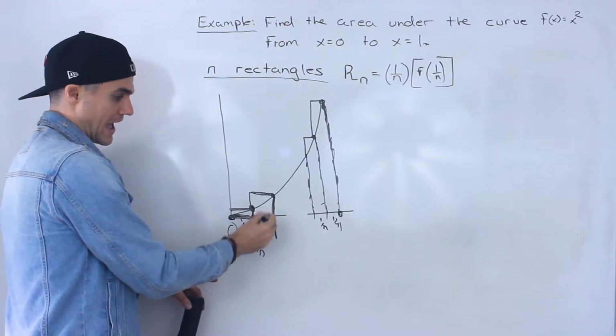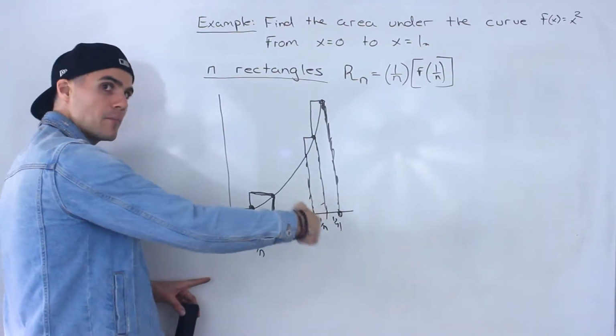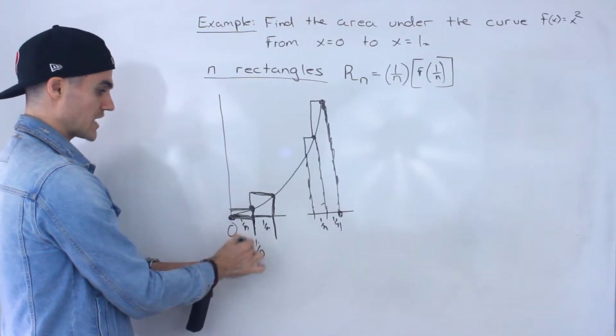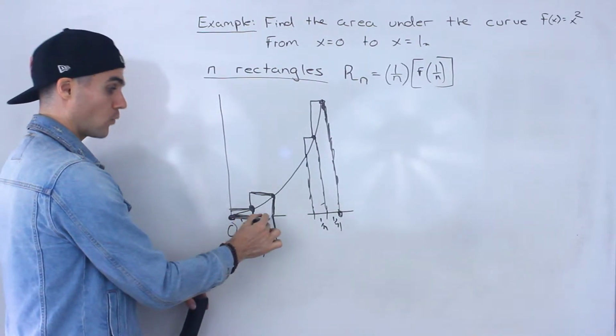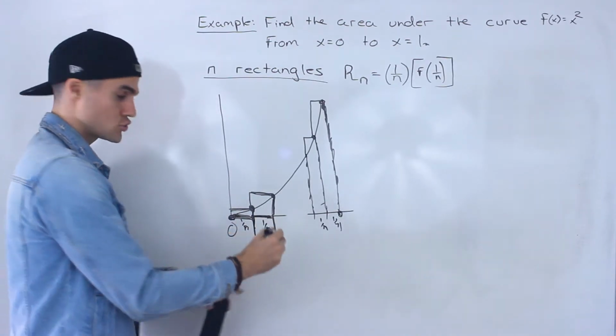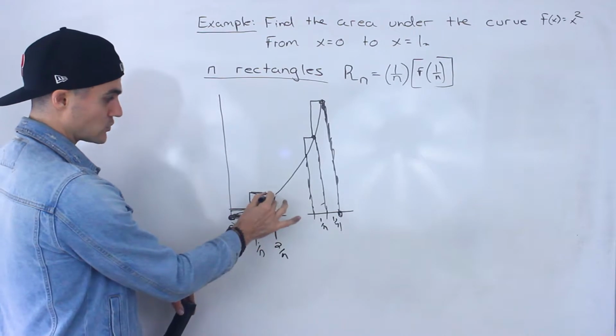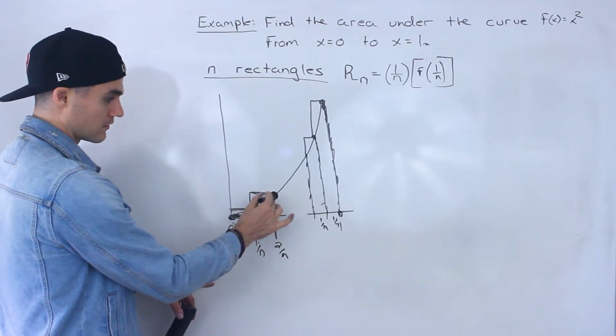And so what's going to happen is we're just going to keep going up by 1 over n. So this is 1 over n. Well, if we take 1 over n and we add 1 over n, what are we going to get? 2 over n. So that's going to represent the x value of this point here. Right?